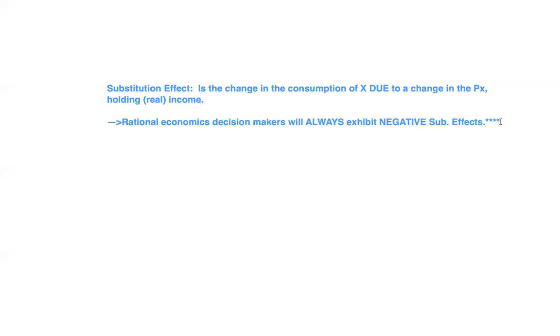So I want to go ahead and kind of drive this home. A negative substitution effect means that if we calculate dx, that's the change in x, and take it over dp, which is the change in price, this will always be some number that's less than 0.